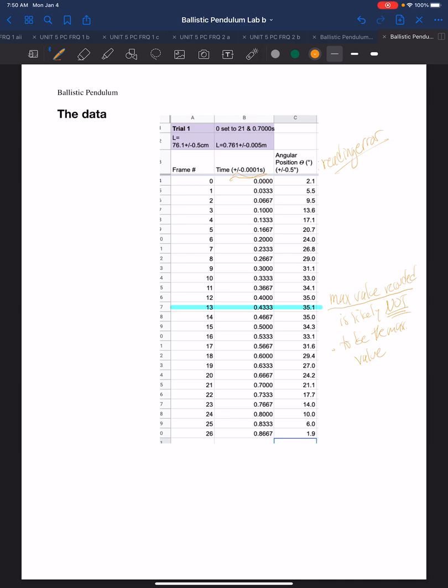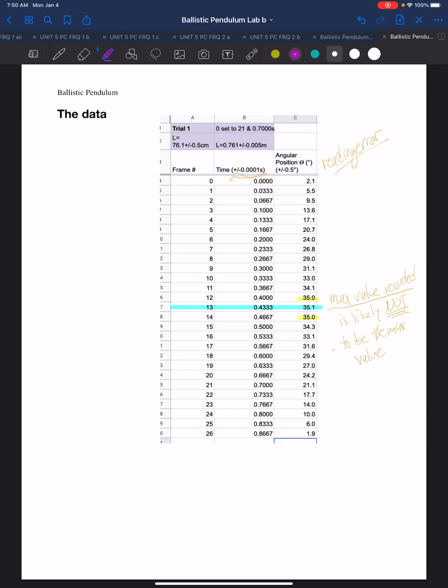So how we can check for that is to inspect the values on either side of it. And we notice that those two values on either side of it are exactly the same, suggesting that there is this symmetry. In the frame before, it increases by 0.1 degrees and then it decreases by 0.1 degrees. So it may actually be the case that the frame caught it at its highest location.